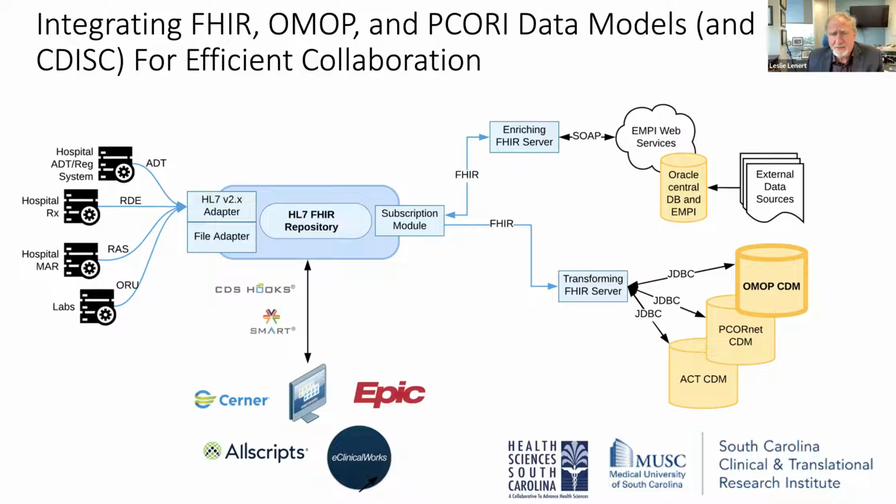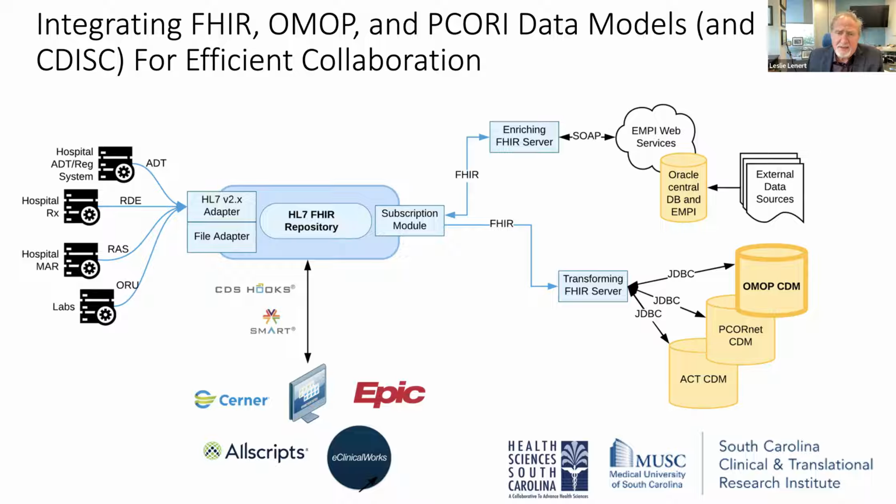Now, what we've been able to do with FHIR resources to prove that this is really a canonical model for healthcare data is to work on systematic transforms to other data models.